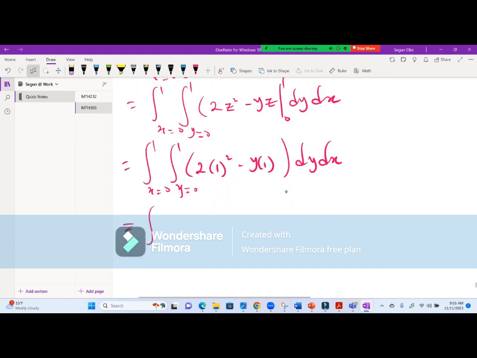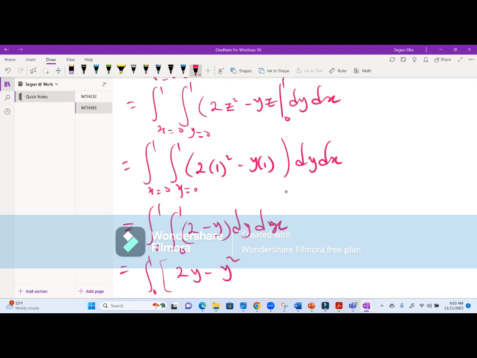When you integrate this one, you have 2y. So when you have 2 minus y, then integrate it with respect to y. Now, what do we have? With respect to y, it will be 2y minus y squared over 2, from 0 to 1, the x.